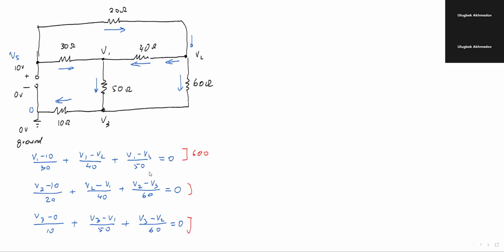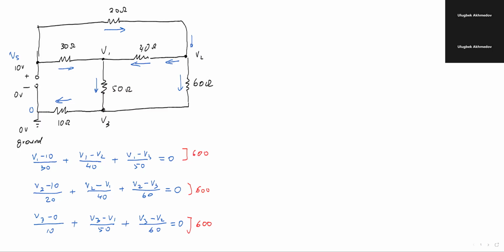Well, again, I guess 600. And then we need to multiply the third equation by the same number, 600 again. So we're going to multiply each one, and then we're going to group them together.